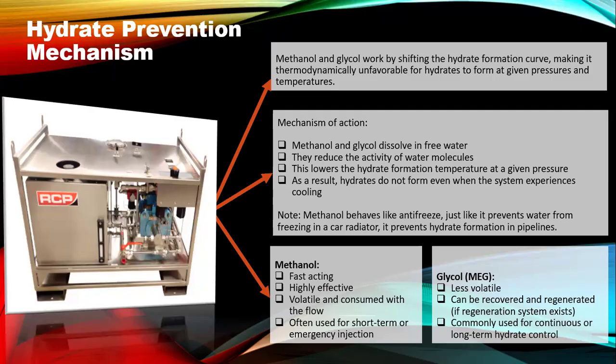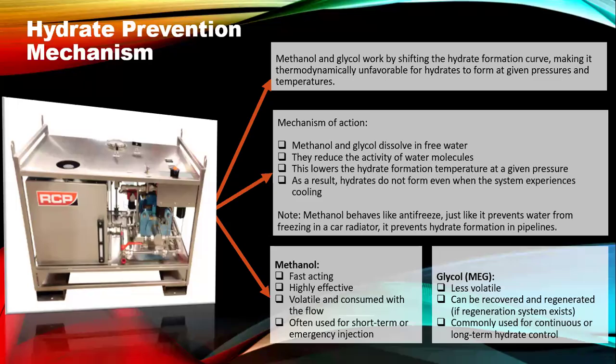By the time you add your methanol, it will work like anti-freeze. It will lower the temperature at which the water is going to form that crystal. So it means instead of forming crystal at 20 degrees, it's going to form crystal at around 5 degrees. It will lower the temperature at which that crystal is meant to be formed.